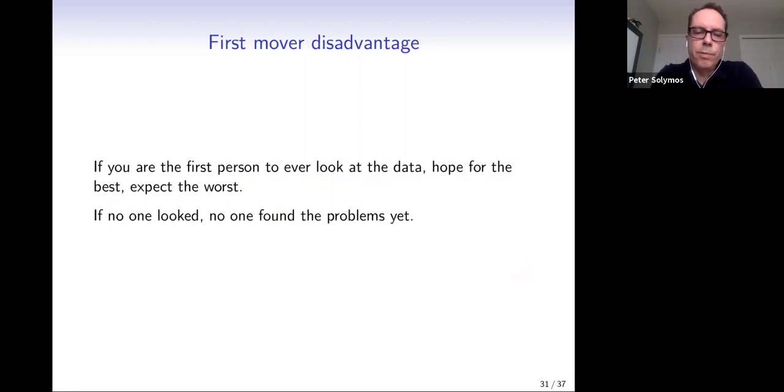So if you are the first one looking at the data that either you collected and the table is still a mess, or someone else did that, obviously you are going to be the first person to find those errors, and it's up to you to fix it. So that's why having some R skills is going to help you along the way. If no one looked, no one found the problems yet. I can mention very few data sets that I looked at and I found no issues with, and that's just because I was the first one to do so.